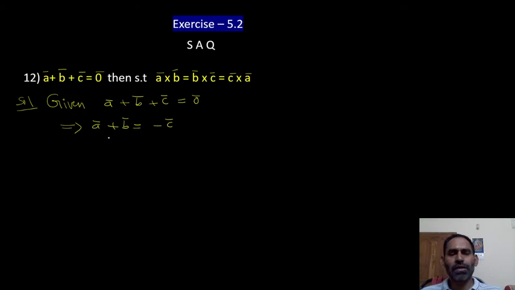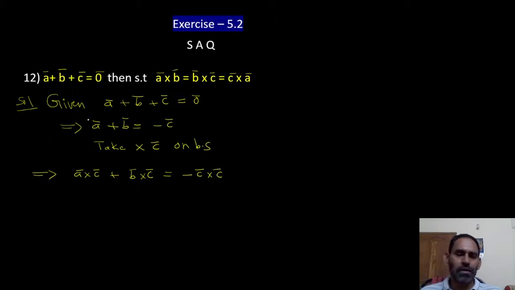Now taking cross C bar on both sides. This implies A bar cross C bar plus B bar cross C bar equal to minus C bar cross C bar.